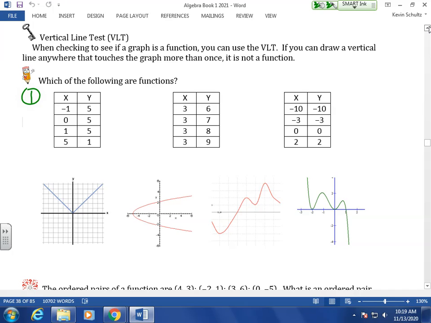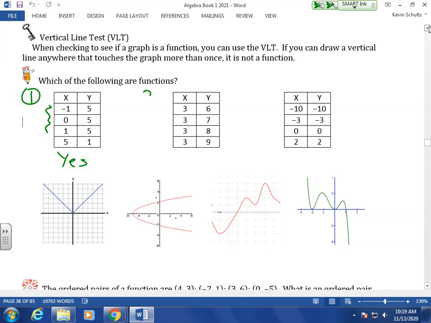Yes. When x is -1, y is 5. When x is 0, y is 5. When x is 1, y is 5. When x is 5, y is 1. Essentially, x doesn't repeat. Okay? It's okay that y repeats. We talked about why that is, right? Different people, 3 different people are born on the same day. Great. That's okay. So yes, this is a function because x does not repeat itself. For every x value, there's only one corresponding y.